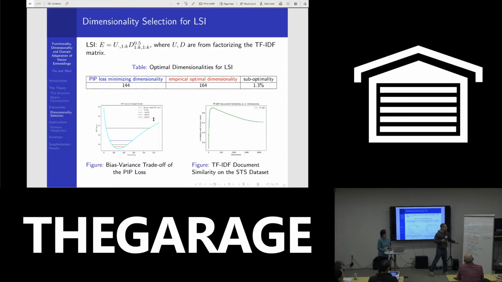I think this is a very interesting conclusion, which essentially says that although GloVe and Word2Vec seem like very different algorithms, and if you compare their embeddings you cannot tell how similar they are, when you apply this PIP loss as a metric, you will find that they are producing something statistically significantly closer to each other. This is not part of our paper, but I think it is a pretty interesting discovery.